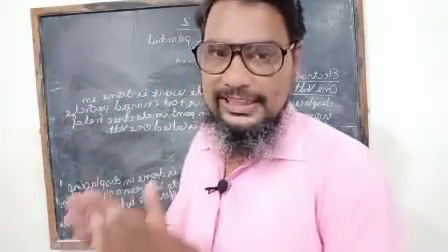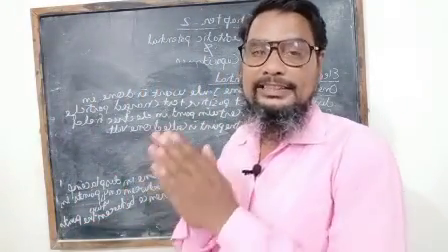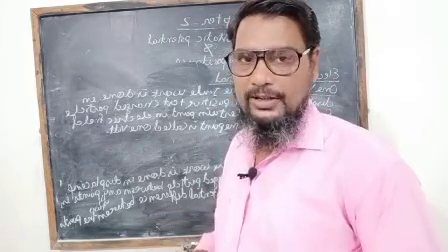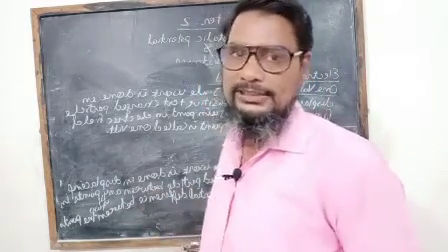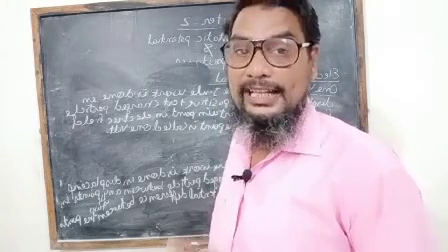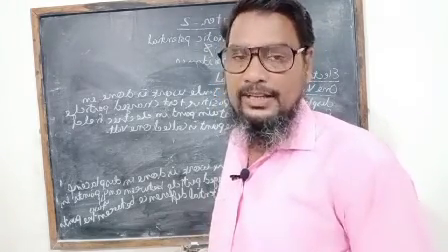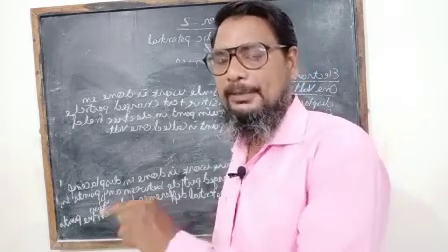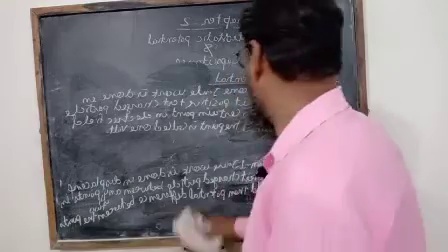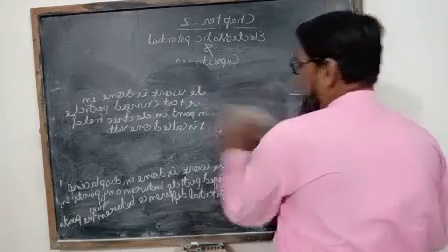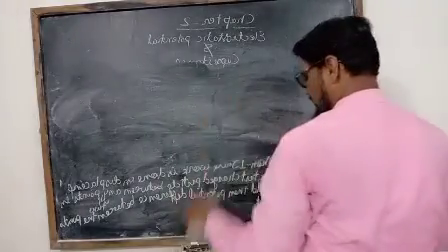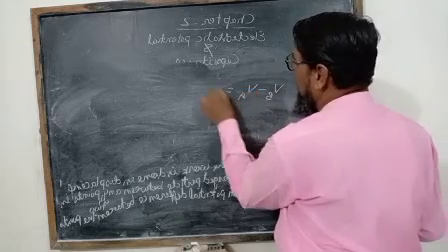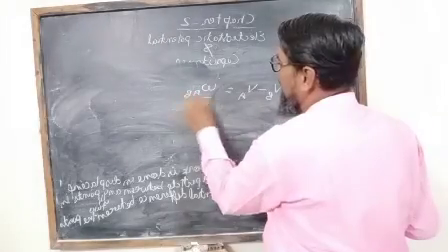Electrostatic potential difference is the work done in displacing a unit positive test charge particle from one point to another point in an electrostatic field against electric force, means VB minus VA is equal to WAB upon Q0.